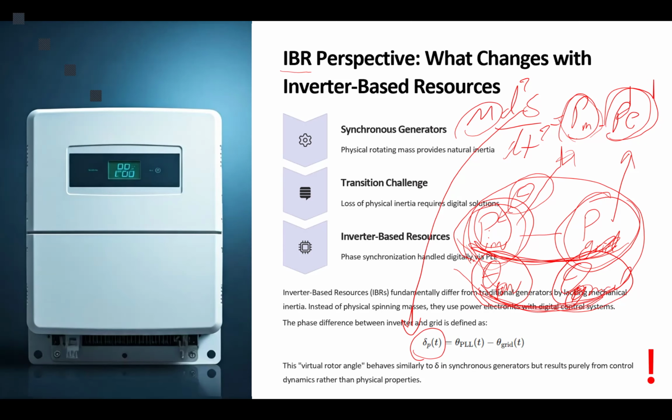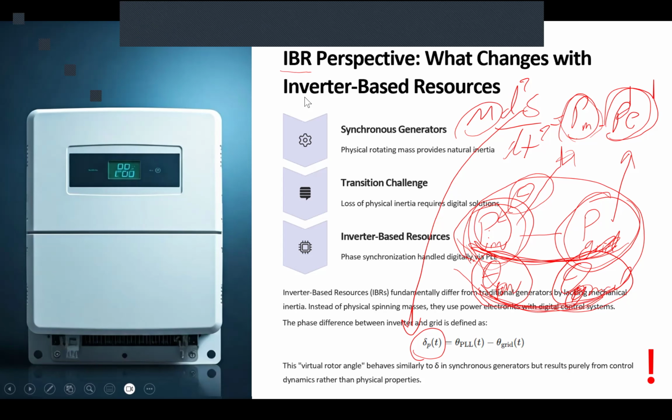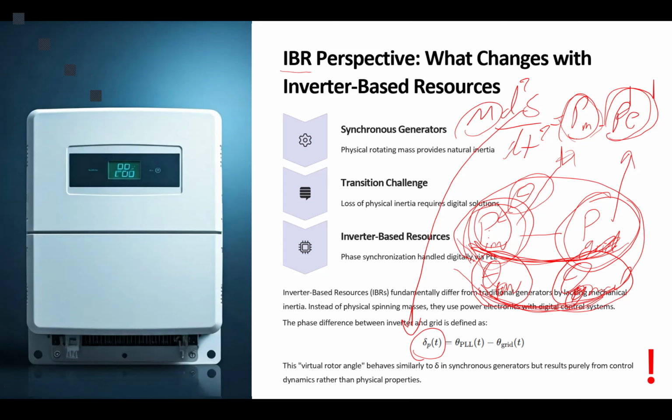Is that clear how we make the equivalent between the rotary machine parameters and inverters? Anyone on the Zoom link, do you have any problem with that or any question? If not, okay. Now we defined a delta based on the theta of the inverters and the theta of the grid, that represents that virtual rotor angle.